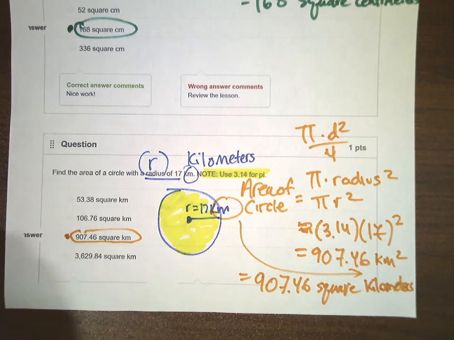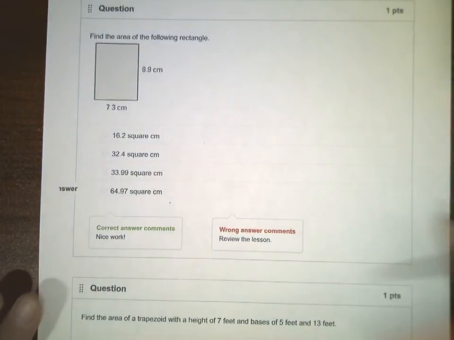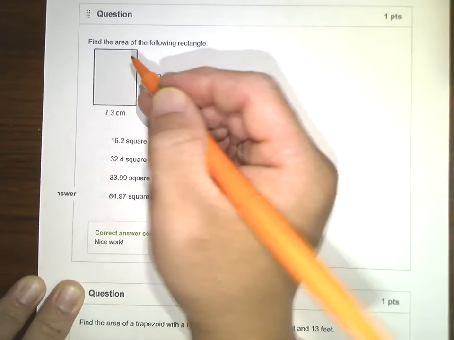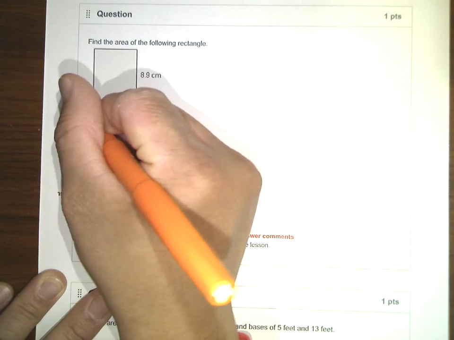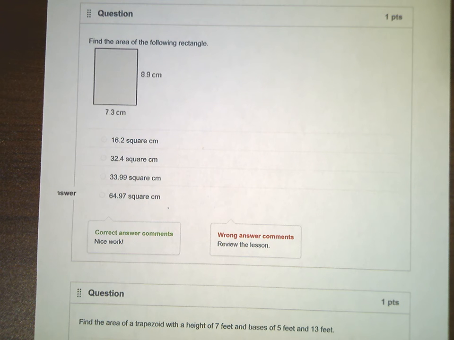All right, so now we have just two more problems left here. I wish I had time for more, but unfortunately I do not. You might have time for more, but unfortunately, again, I don't. So let's find the area of the rectangle. So we can call one of them the length and one of them the width. So why don't we just do that?